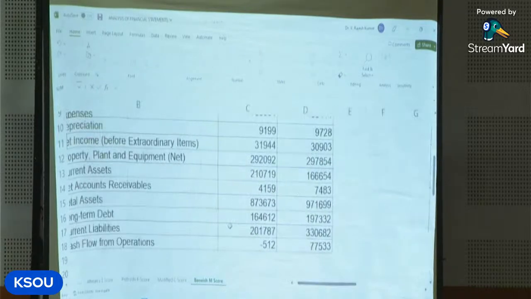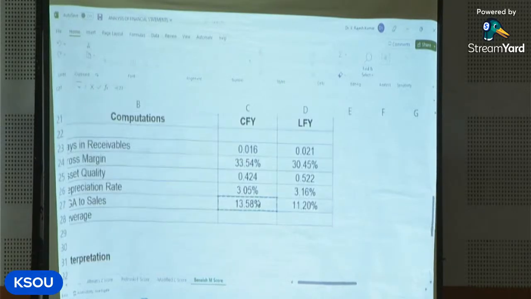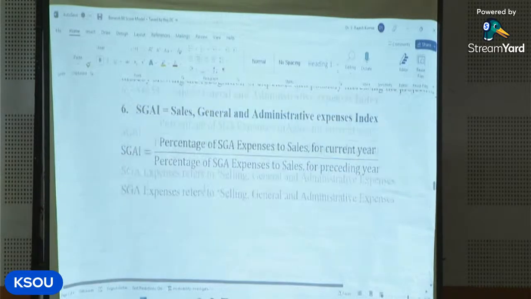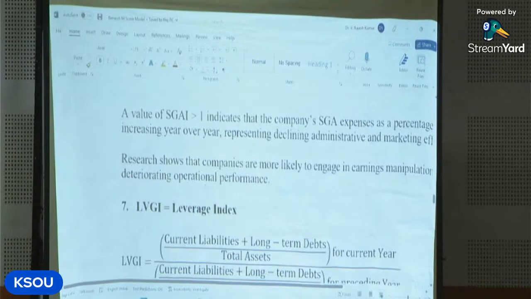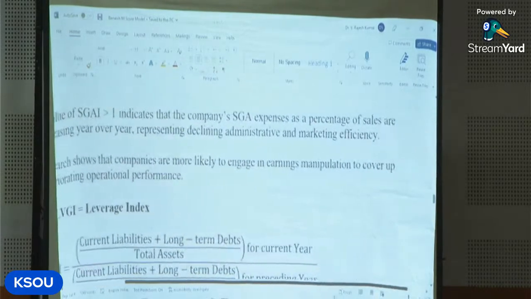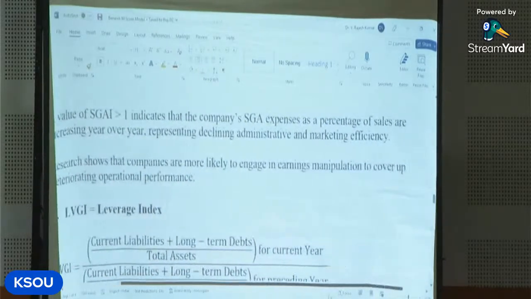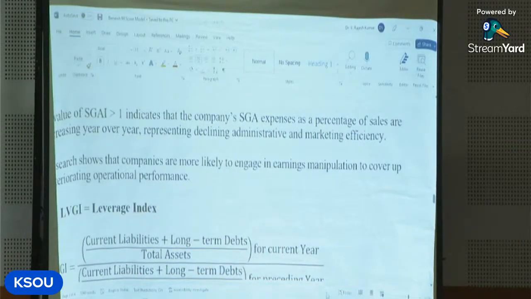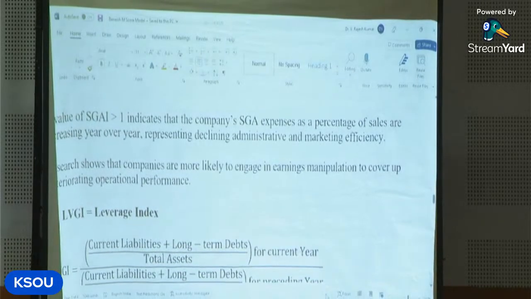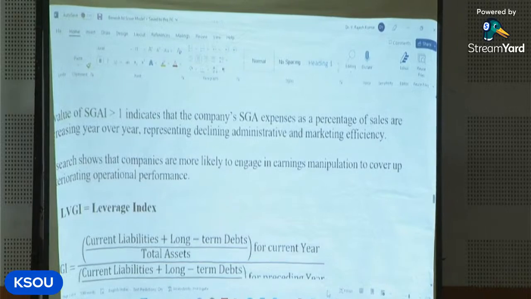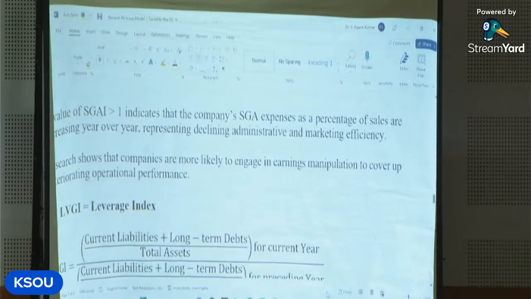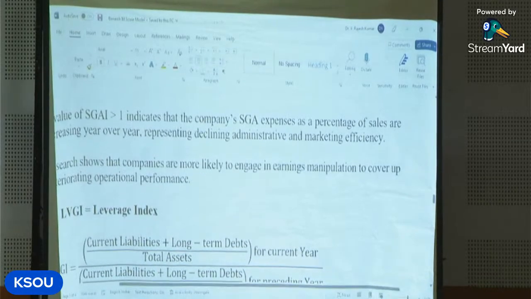So current year by last year. Again, you get a number. It is greater than 1. It indicates there's an increase in these expenses, representing declining administrative and marketing efficiency. Why should sales, general and distribution expenses be disproportionate to sales? When you take the percentage, it should be similar. But when it is increased, it means there's decline in marketing and administrative efficiency.